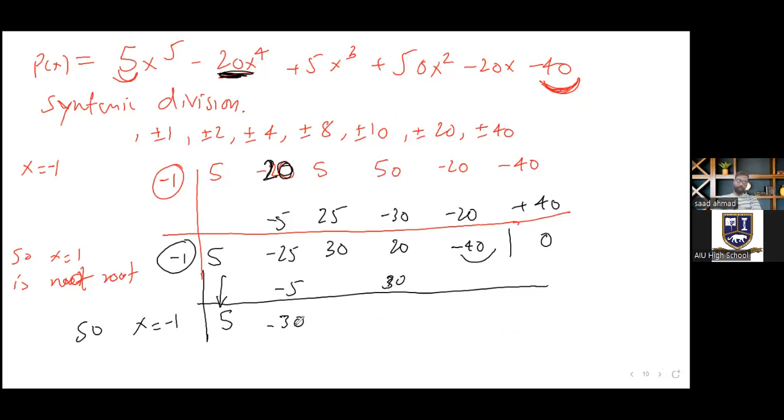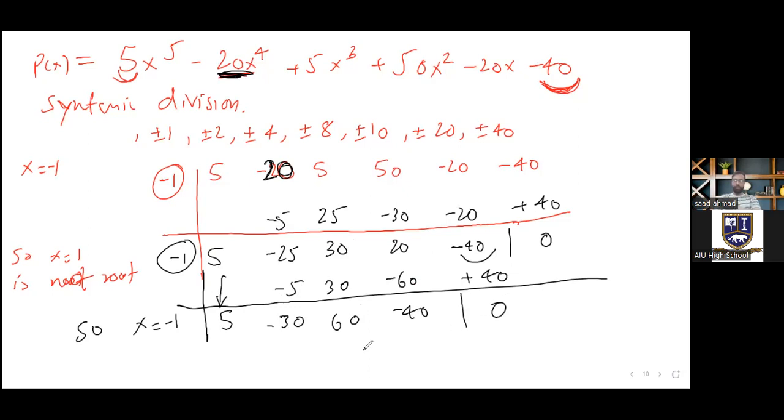Oops, sorry. Now we have +30 here again. It will become 60. Now 60 times -1 is -60. This will become -40. -40 times -1 is +40. Okay, so -1 worked again for this one.